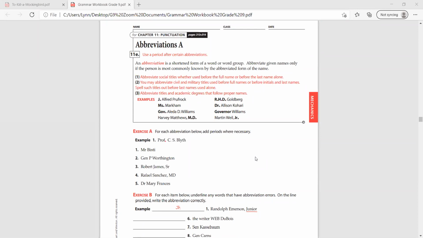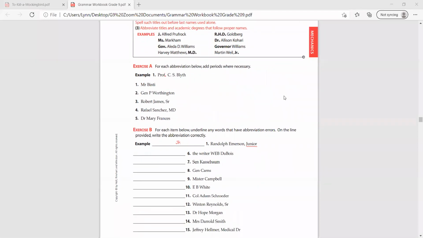You may abbreviate civil and military titles used before full names or before initials and last names. Spell such titles out before last names used alone. And finally, abbreviate titles and academic degrees that follow proper nouns. And as you can see, the examples there. All right, and in exercise A, you're going to add periods where necessary.